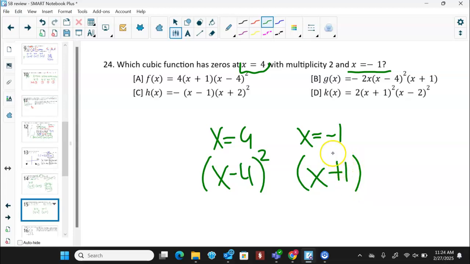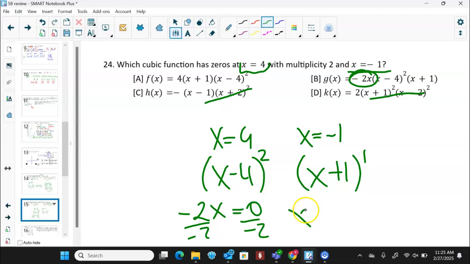As you notice, it cannot be the 2, and it doesn't say otherwise, so that means there's a multiplicity of 1 right here as well. So it cannot be the 2 either. Now, it doesn't have any other zeros, right? So we are between question A and question B. It cannot be B because we would have to set negative 2x equals 0, divided by negative 2, so x will equal 0, and this does not state that.